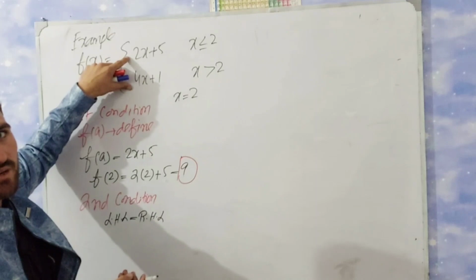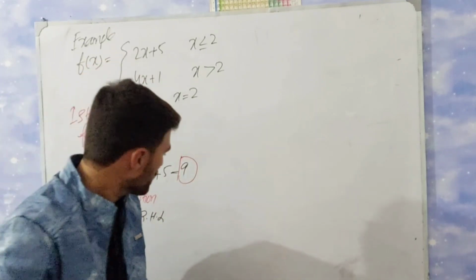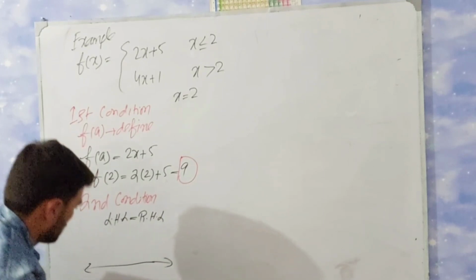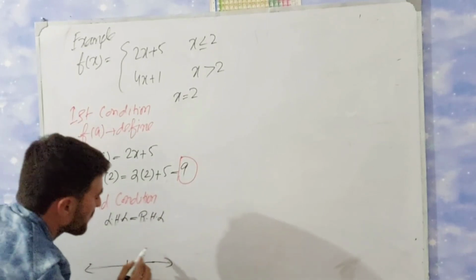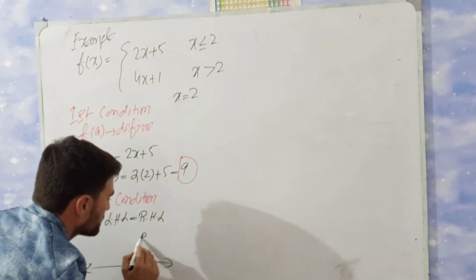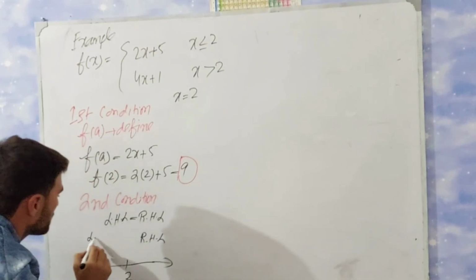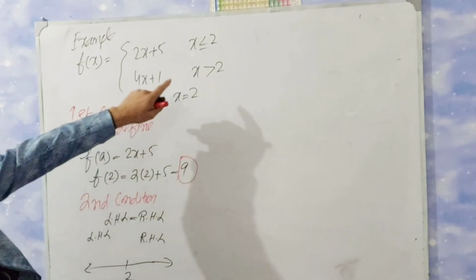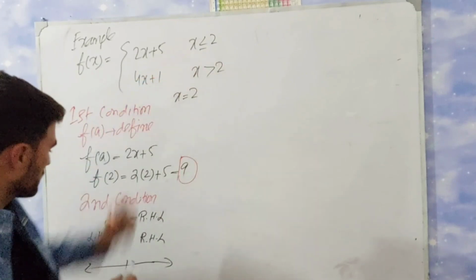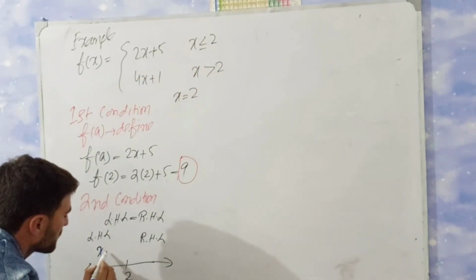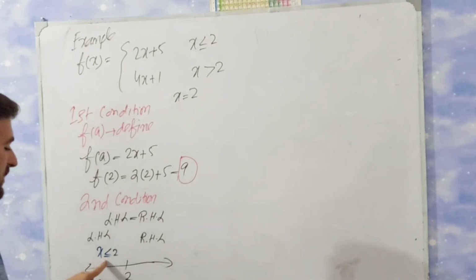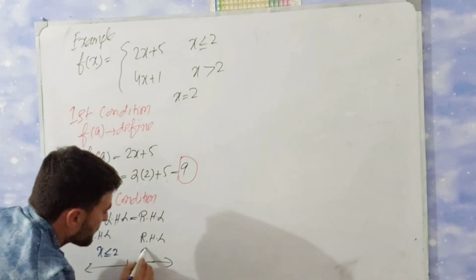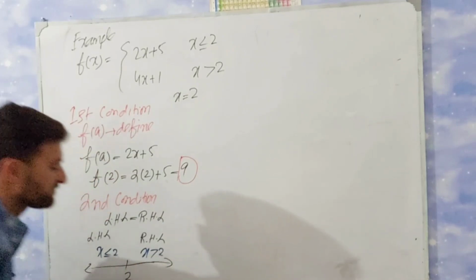Which expression should we take? Here x is less than 2, so we take this one for the left hand limit, and where x is greater than 2, we take the other at the right side.